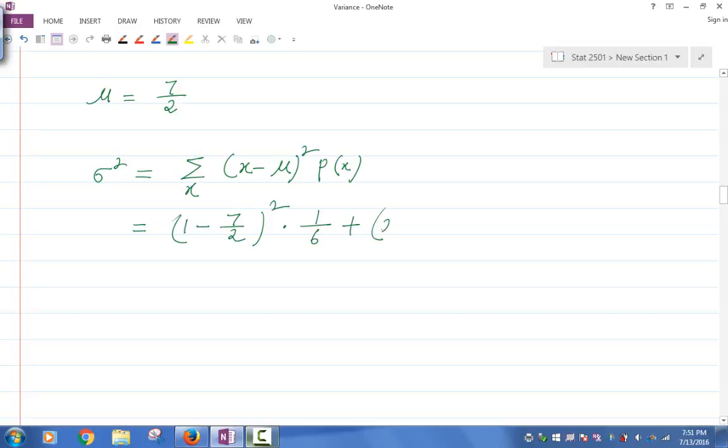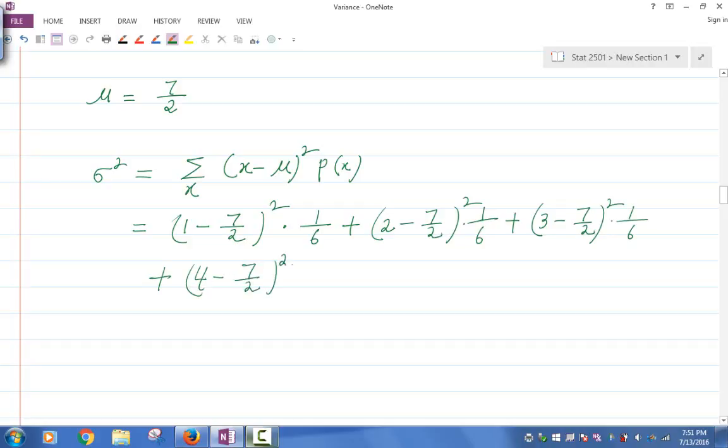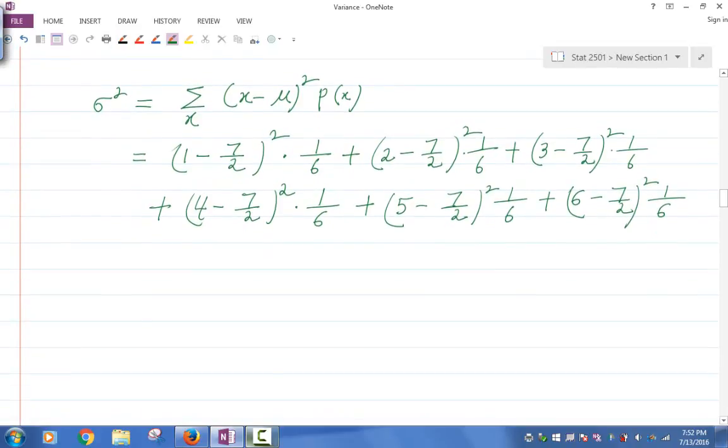Plus x has the value 2, so 2 minus 7/2 squared times 1/6, plus 3 minus 7/2 squared times 1/6, plus 4 minus 7/2 squared times 1/6, plus 5 minus 7/2 squared times 1/6, plus 6 minus 7/2 squared times 1/6.